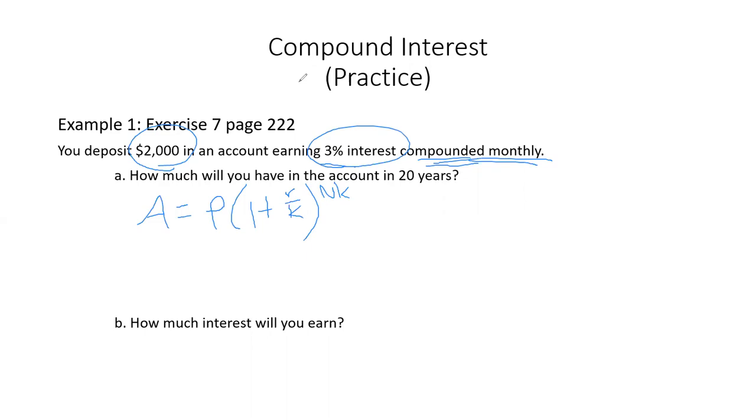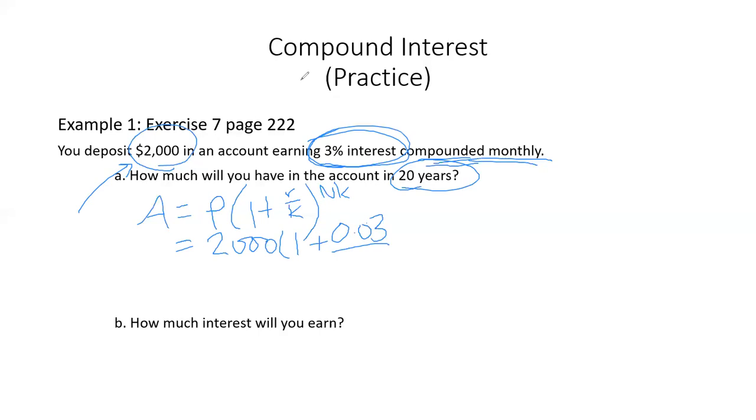So I'm looking for A, it's asking how much will I have in 20 years. So our principal, or the amount that we deposited, is $2,000. Our rate here is 3%, so 0.03.